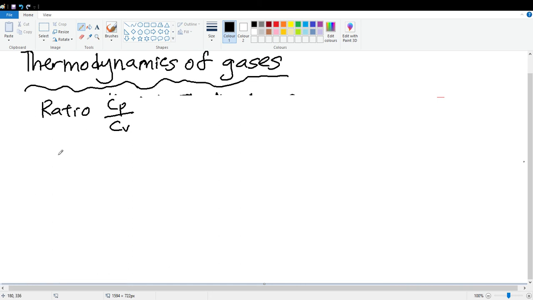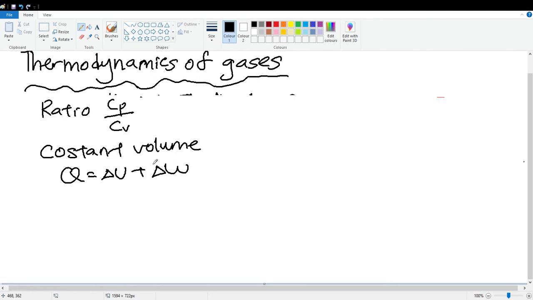Same as before, how do we prove this Cp over Cv? The first step, we need to relate the condition of constant volume. Based on the first law of thermodynamics, our work done equals 0.